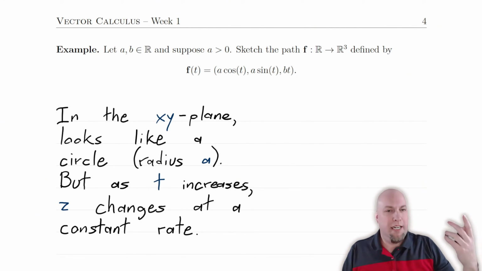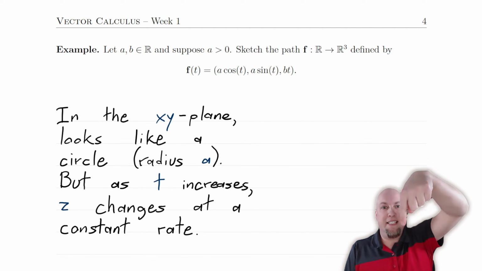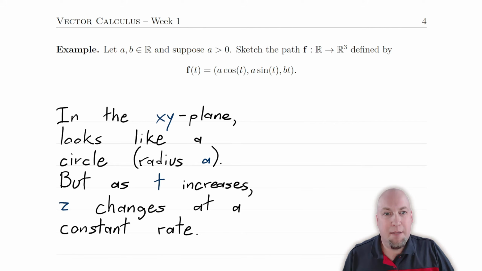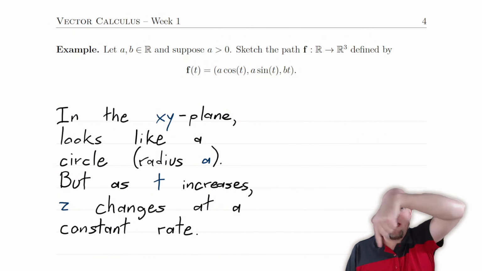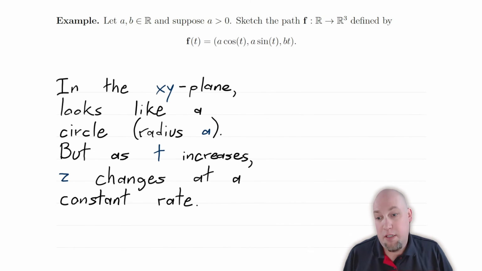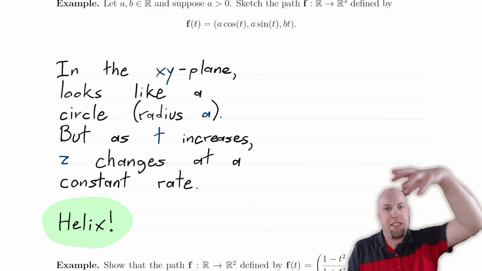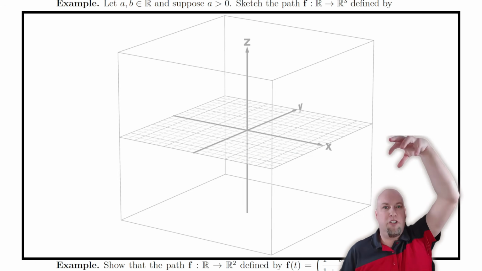Or similarly, if B is negative, the particle is going around and around, but as time goes up, B times t is going down. So this particle is spinning around, but going down as it spins. That sounds an awful lot like a helix to me, a helix or a spring. Imagine taking a slinky and stretching it out.